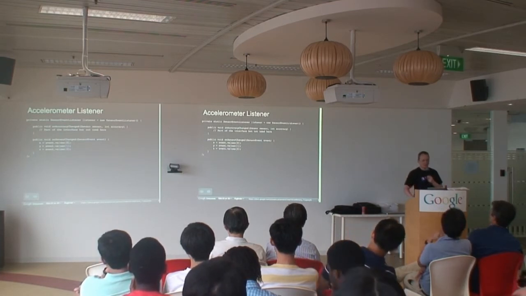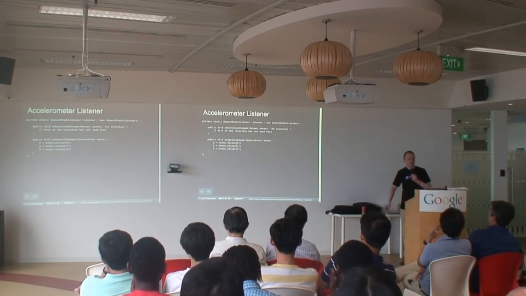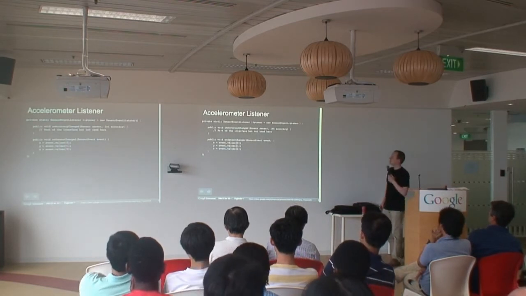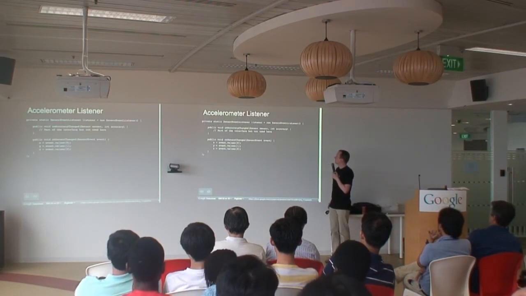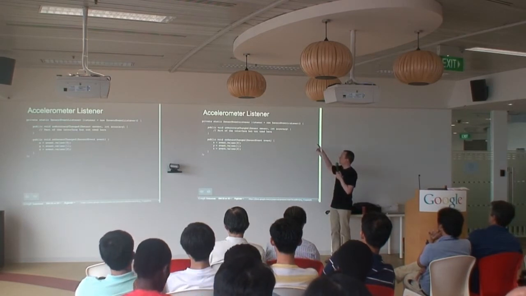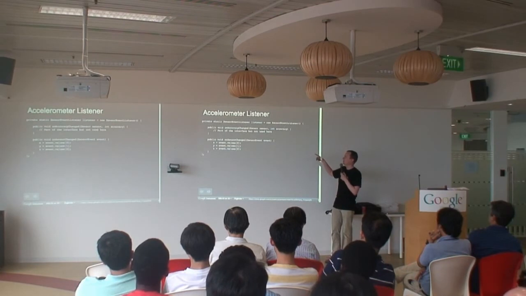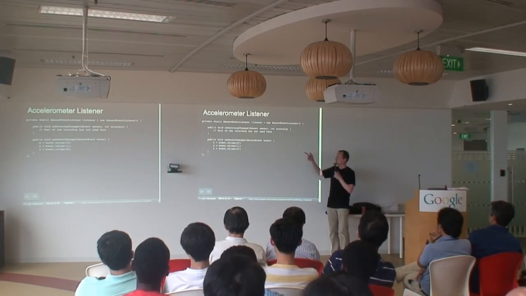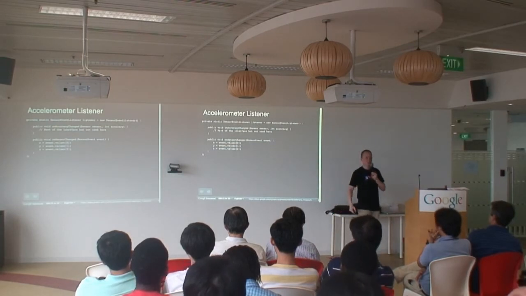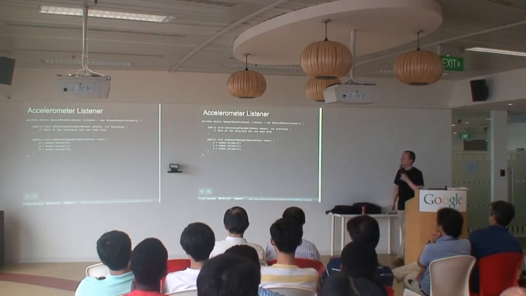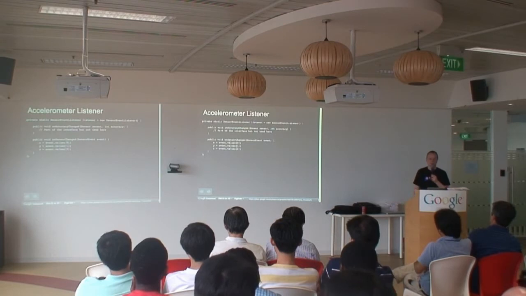So this is the listener we create. This is the interface sensor event listener, which only has two methods. On accuracy changed. I'm not sure what you would need that for. I don't think it's needed for the accelerometer at least.